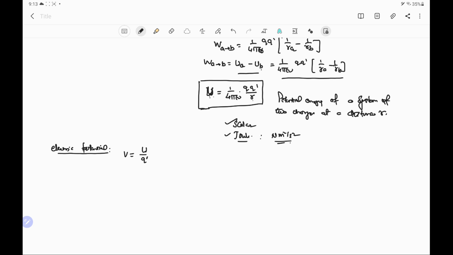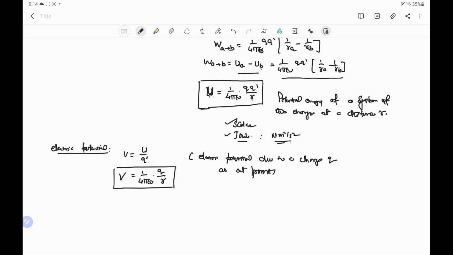So the electric potential due to a charge Q at a point is equal to U by Q'. U we have already defined. We put the value here, then we get 1/(4πε₀) Q/R. This is the potential at a point P which is at a distance R.